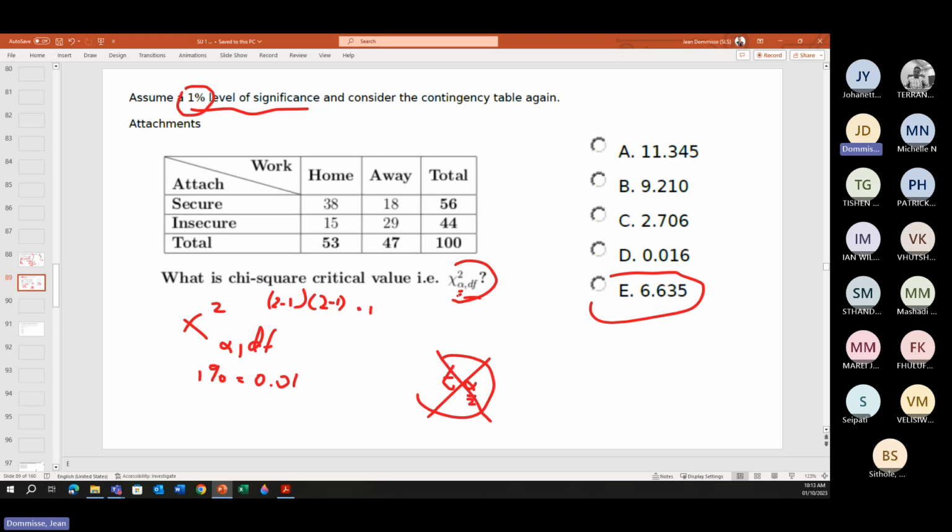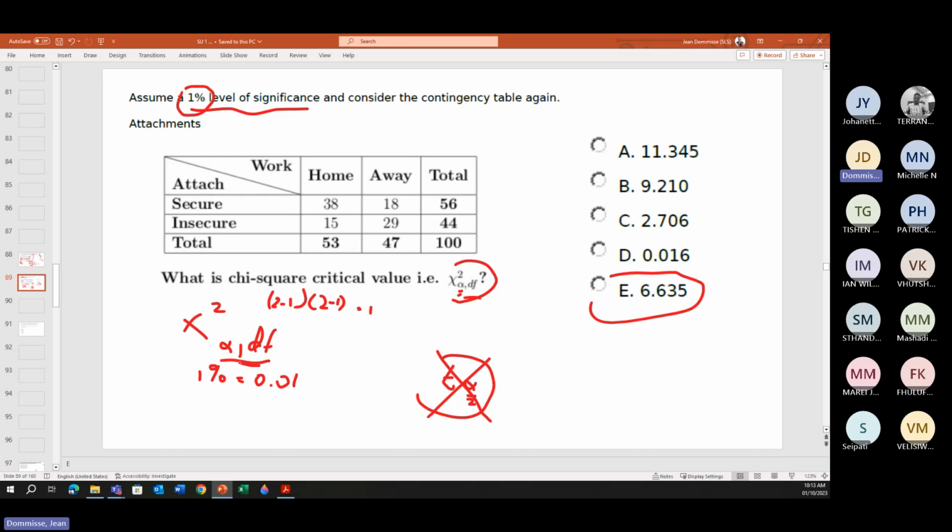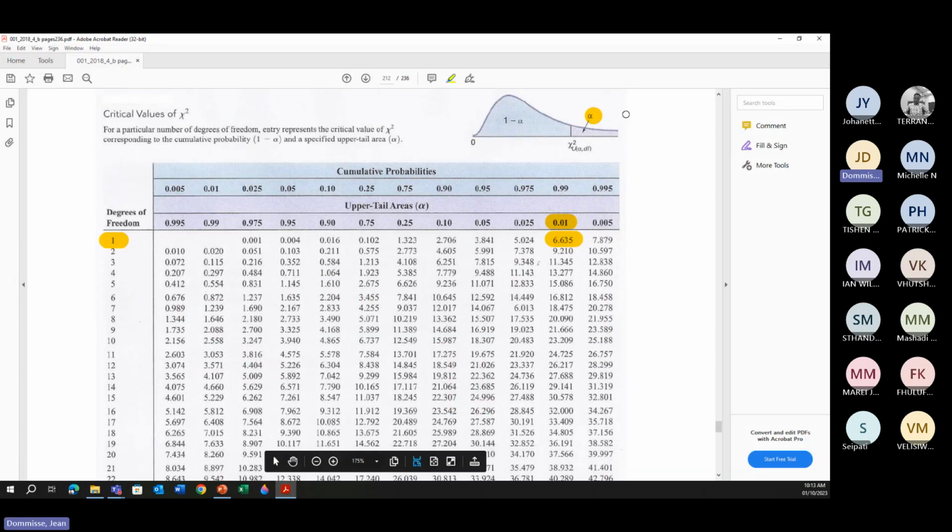So that's the big difference between the two that we need to work out. And I think that sometimes was also when you did the assignment, where some of you automatically wanted to say divided by 2. But with chi-square, remember it's always alpha that we're looking at. And again, when you look at the table, they show it to you as well.